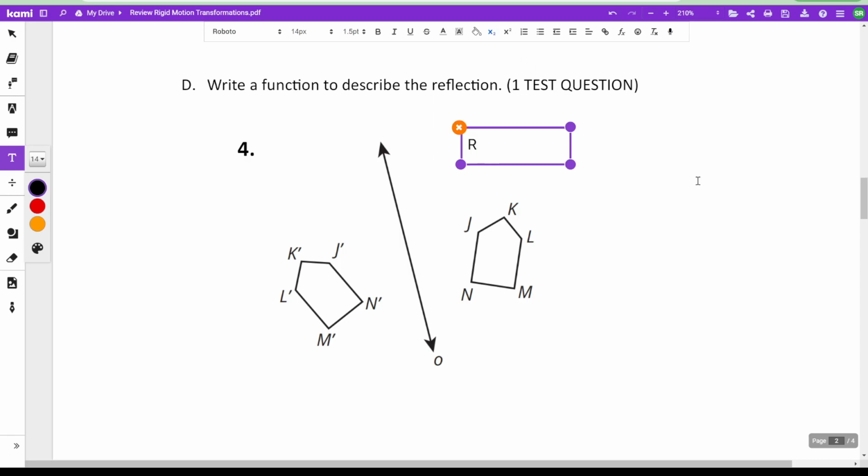And then for our subscript, the line of reflection is O, so our subscript is going to be O. Okay, and then we took JKLMN as our input, and so this is saying we reflected JKLMN over O, and the result of that was the new shape J prime, K prime, L prime, M prime, N prime. So fairly simple.